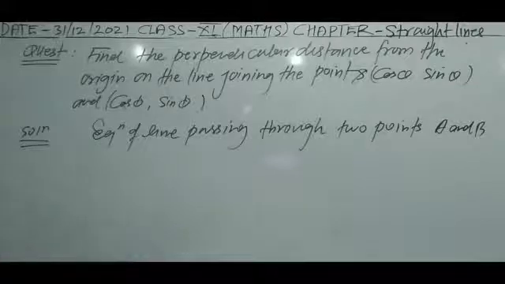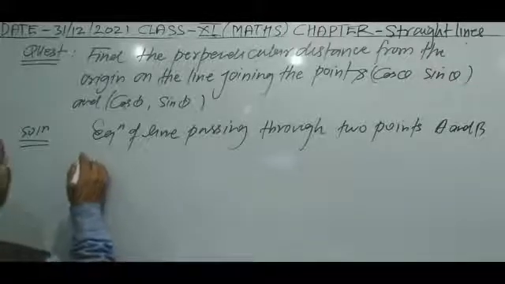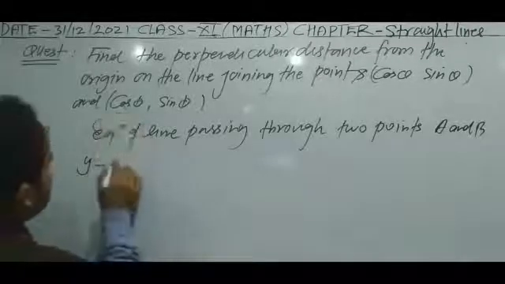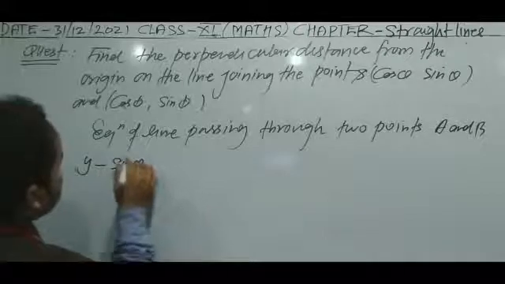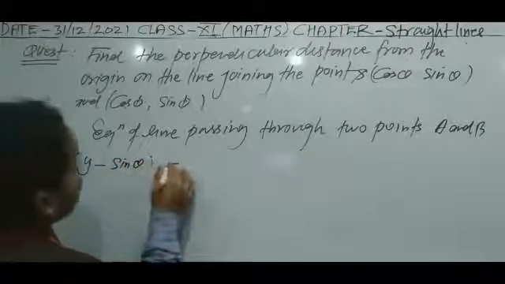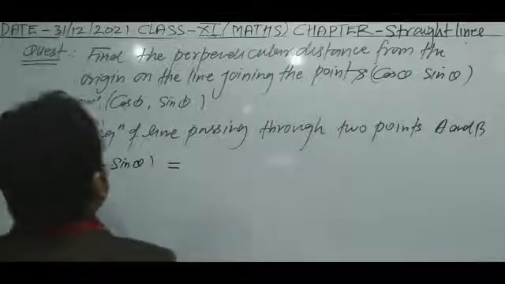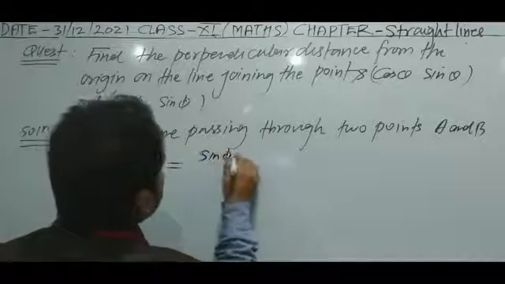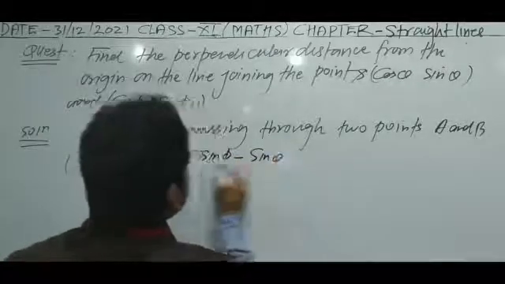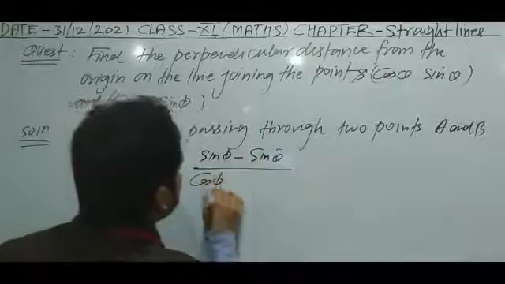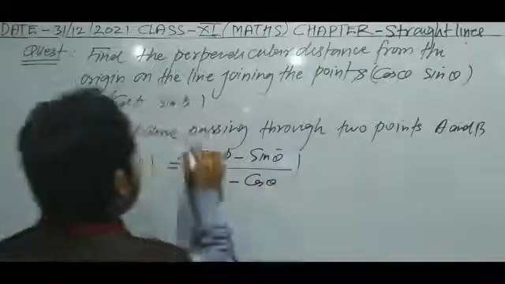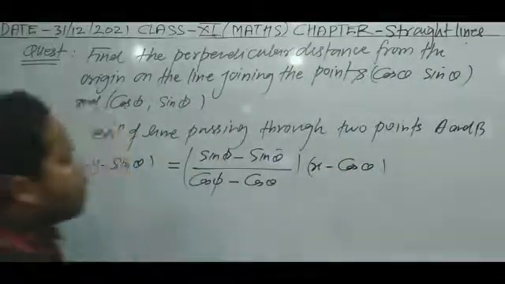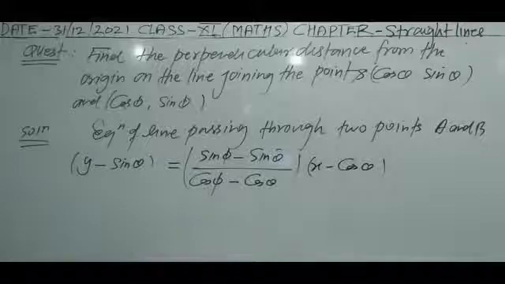Result you will see: y minus, suppose this is y1, so y minus sine theta is equal to sine phi minus sine theta whole upon cos phi minus cos theta into x minus cos theta. Now this is the equation and we have to simplify.